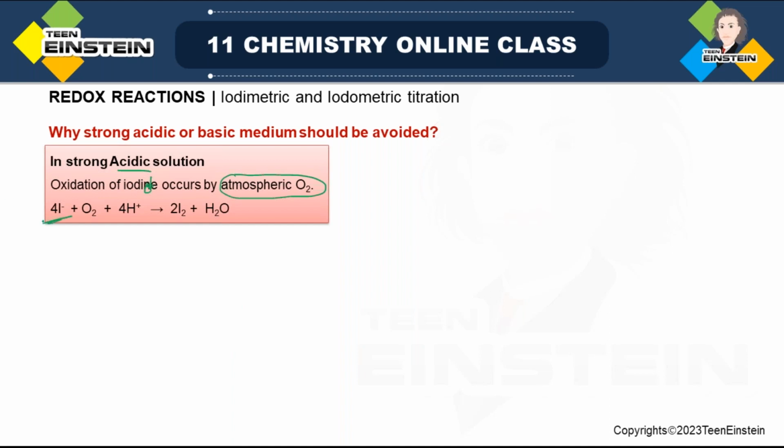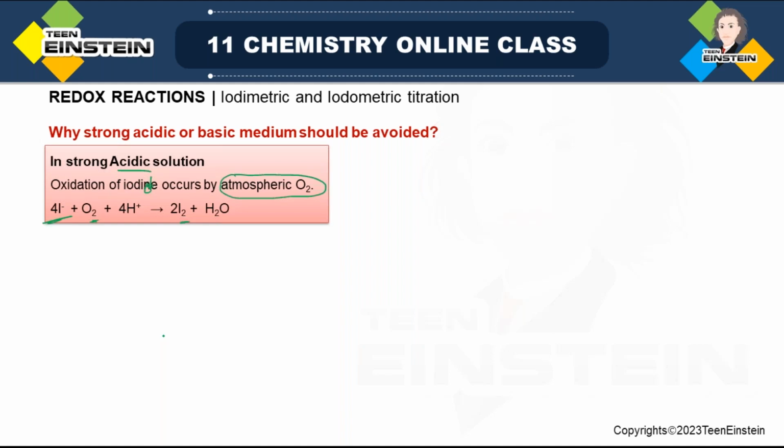This I- has a tendency to react with oxygen and is converted to iodine. That means oxygen itself is acting as an oxidizing agent, but this reaction is possible only if pH is very low, that is if you are using strong acidic medium. So in strong acidic medium, you have two types of problem: this one, and the second problem is the indicator problem. The starch indicator will be decomposed.